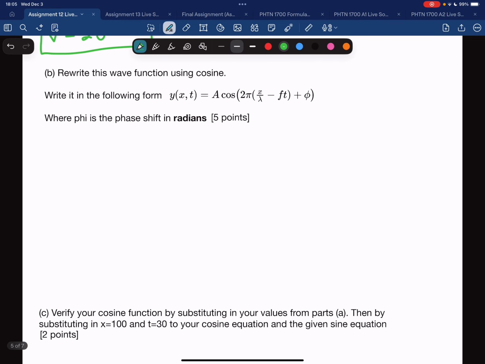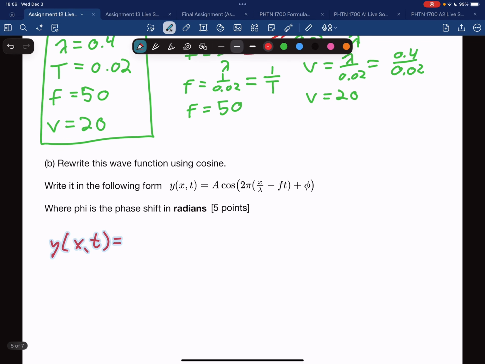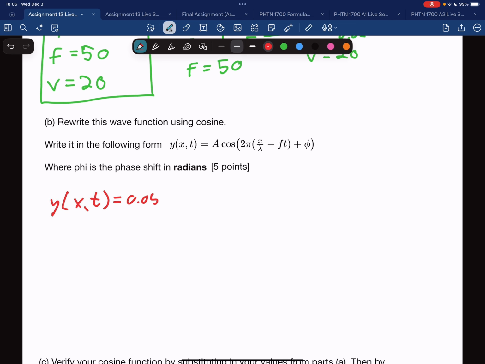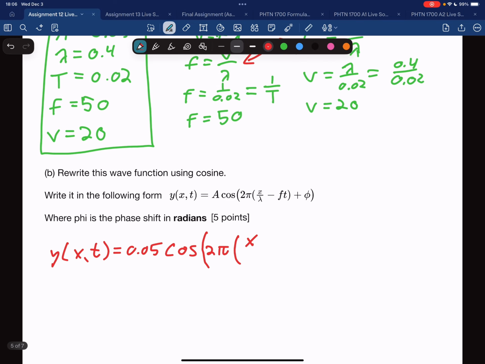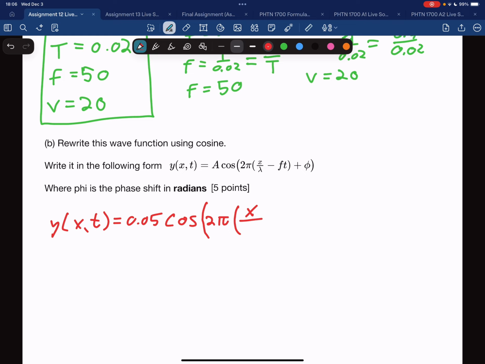Writing this out, I get y of x and t equals A, so that's my amplitude of 0.05, times the cosine. Now, following this, I have x over my wavelength, which is 0.4, minus my frequency, which was 50, multiplied by t.